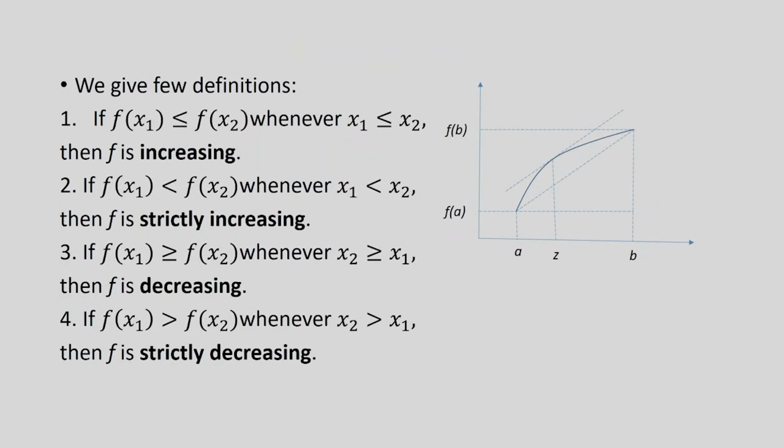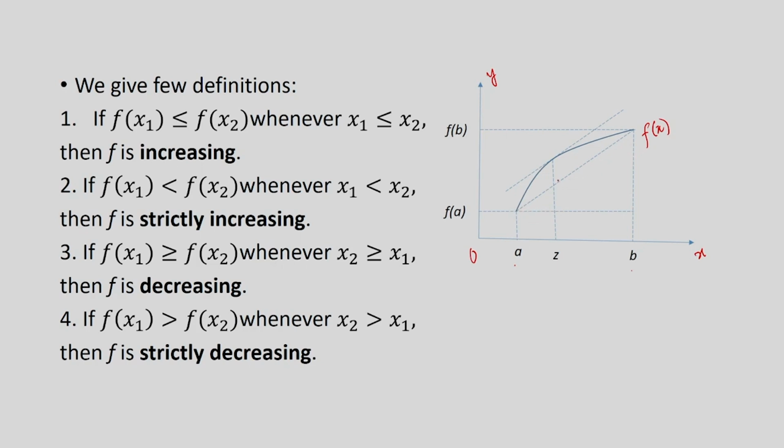So, here is the geometric way to see this. Suppose you have this function f, and you have two points a and b which belong to the domain, and so the slope of this line ab is given by this.